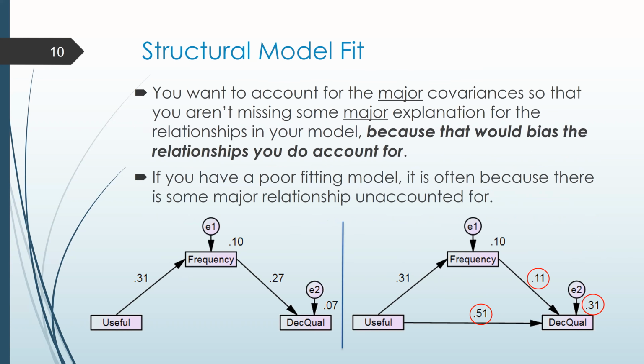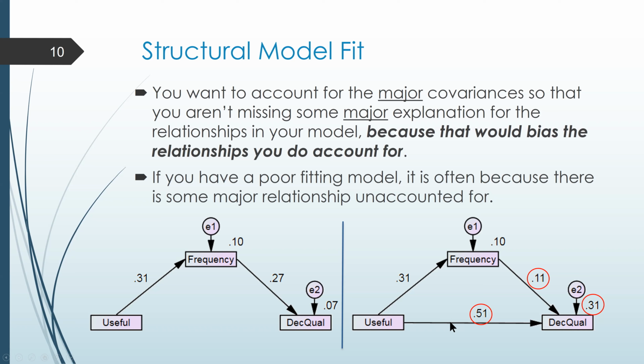So for example, if we've proposed, here's a causal model. It's not a CFA, sorry, but it'll get the idea across. If you have a model that doesn't include all potential parameters, you see we have a parameter missing here between useful and decision quality, then we don't know if the parameters we are accounting for are valid unless we look at model fit.